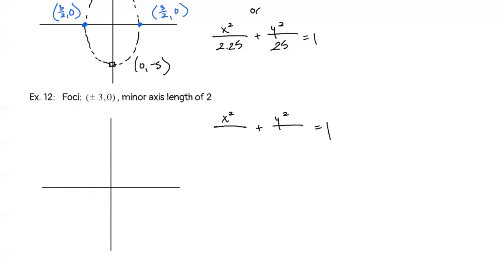All right, if I start to draw some of these things, I know the foci are at 3, 0 and -3, 0. Is this going to be an Ernie ellipse or a Burt ellipse?